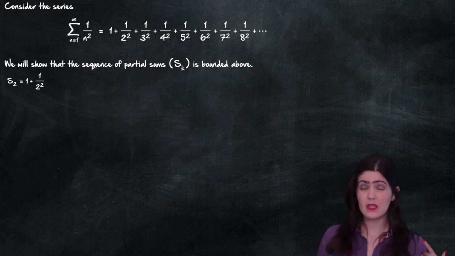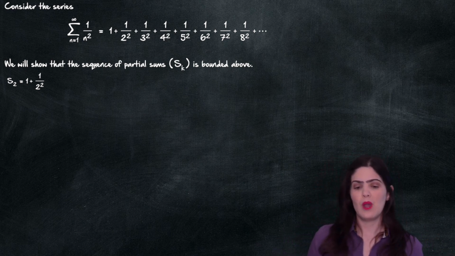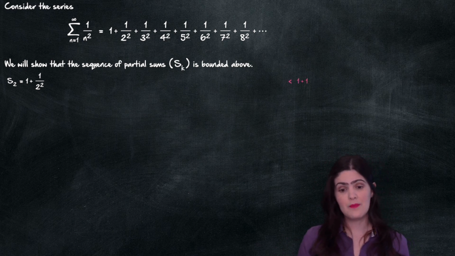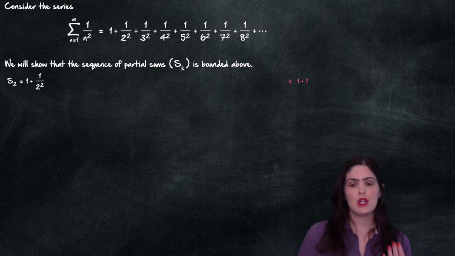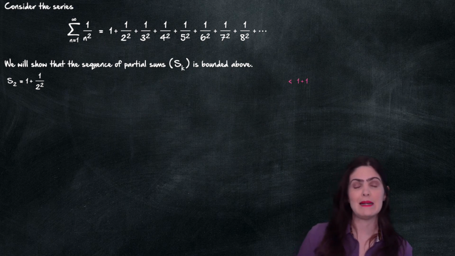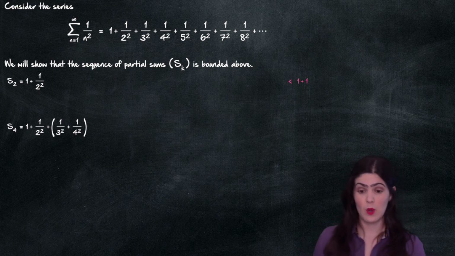If we take a look at the first two terms only, we have 1 plus 1 over 2 squared. Each term is less than or equal to 1. This whole thing is less than 1 plus 1. And now I'm going to look at S4, so the first four terms of my series. So we have 1 plus 1 over 2 squared, plus 1 over 3 squared, plus 1 over 4 squared.